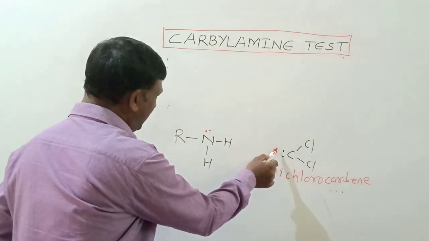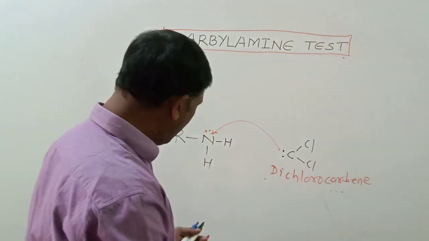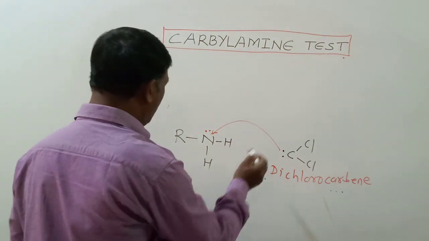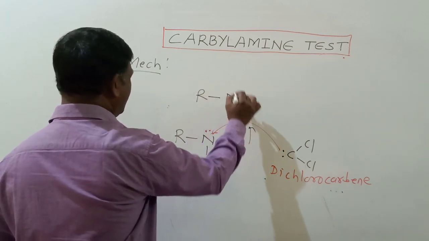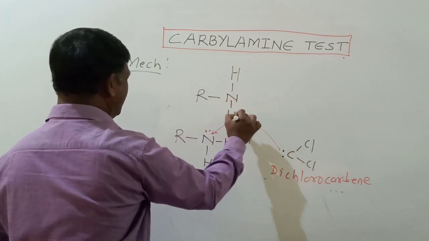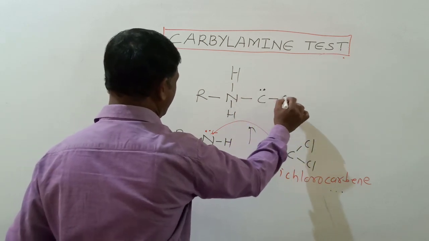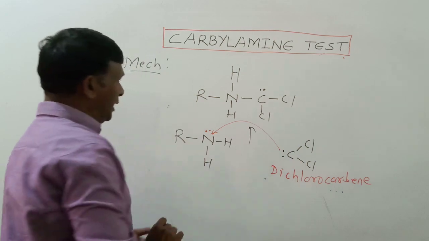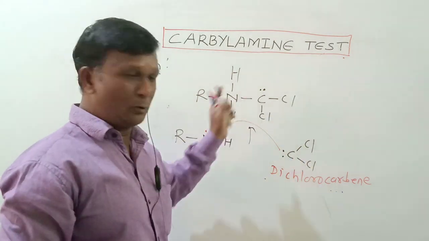So the dichlorocarbene attacks this nitrogen. An intermediate which is formed by this attack is this one. So in this way the octet of this carbon is going to be complete.